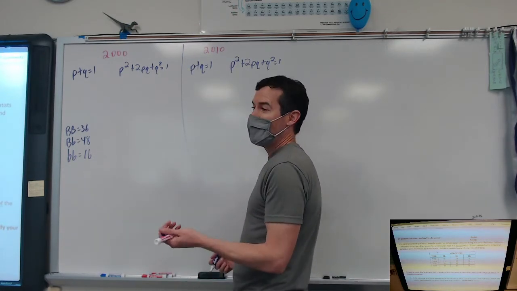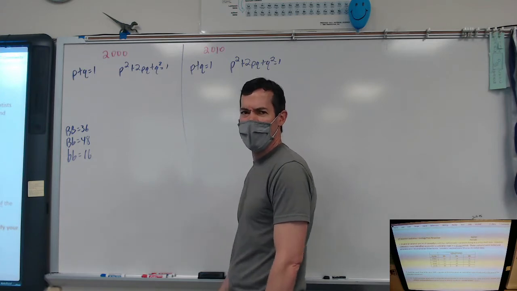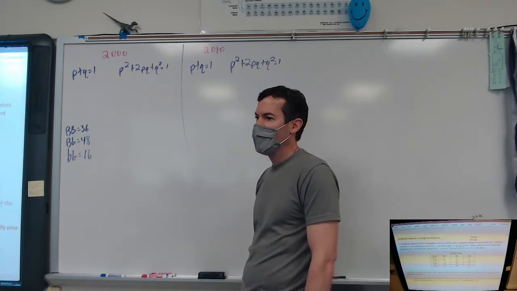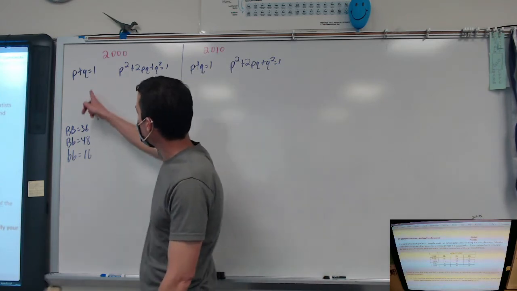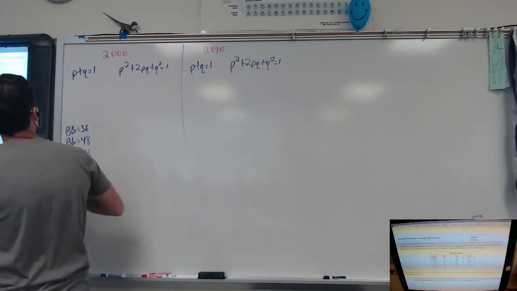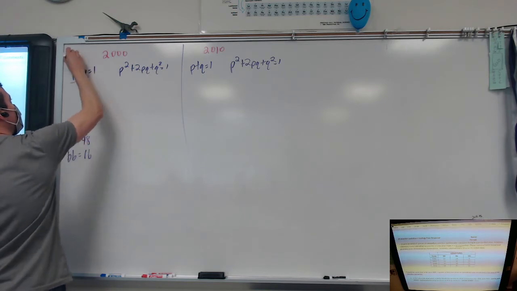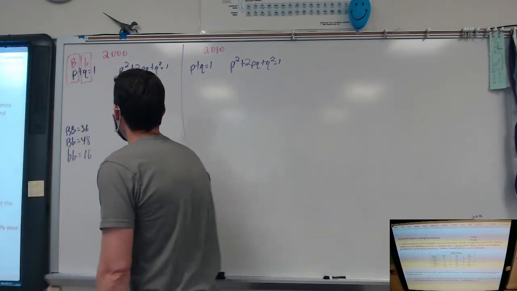I need to find p and q. What does p represent? The dominant allele, and that means q represents the recessive allele. We're using the letter B, so that's capital B and that's lowercase b.